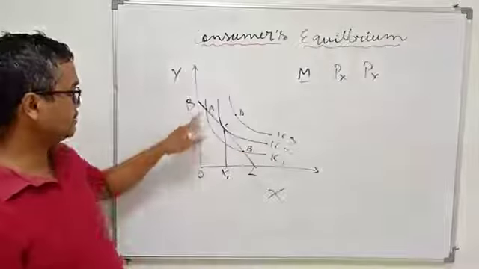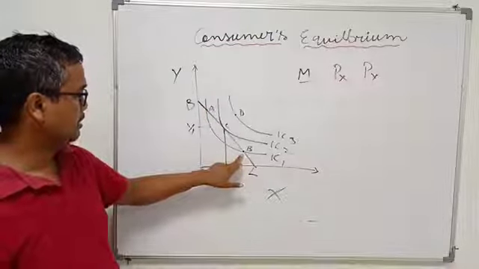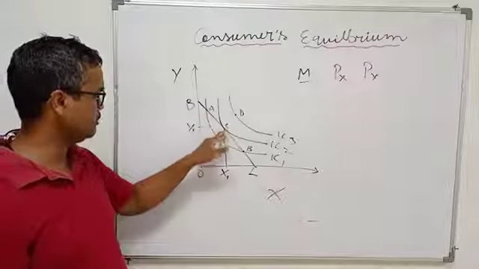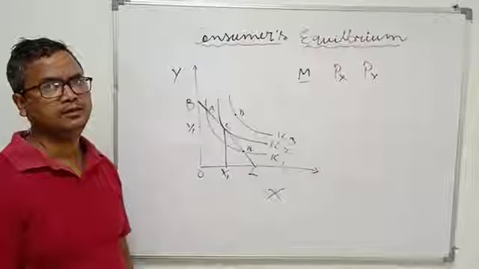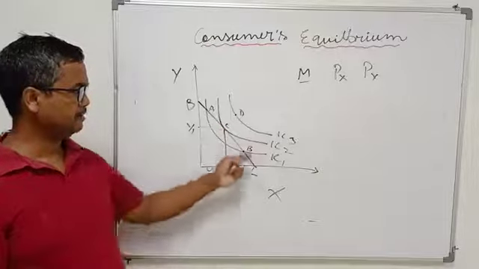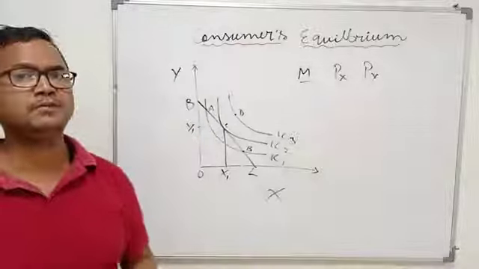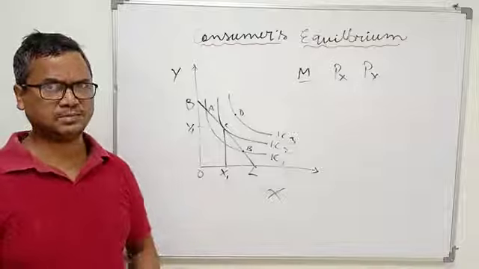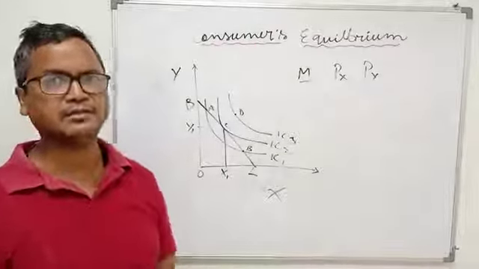That means if the consumer chooses combination C instead of A or B, his or her satisfaction level will be more, because point C lies on a higher indifference curve, and the property of indifference curves says that a higher indifference curve represents a higher level of satisfaction.